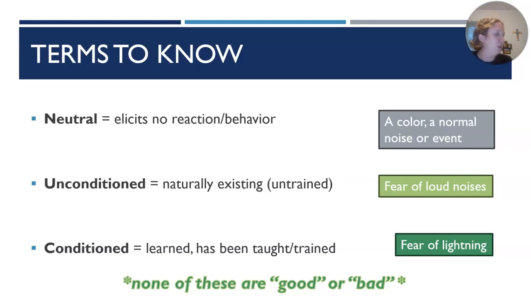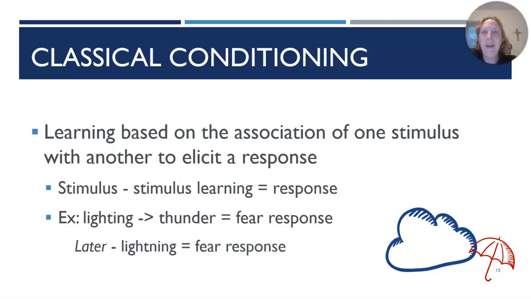Okay, let's move on to why I'm referring to loud noises and lightning and how that is a learned reaction. Actually, let me ask you this before I have you do that. Are you automatically naturally afraid of lightning? Are you? You might be inclined to say yes, but probably not. Here's why. This is going to be our introduction to the concept of classical conditioning. We're going to learn also about operant conditioning later. So we're just going to focus on classical conditioning right now.